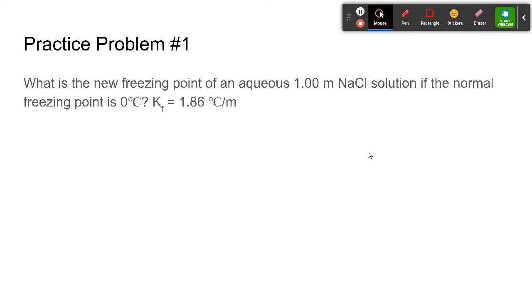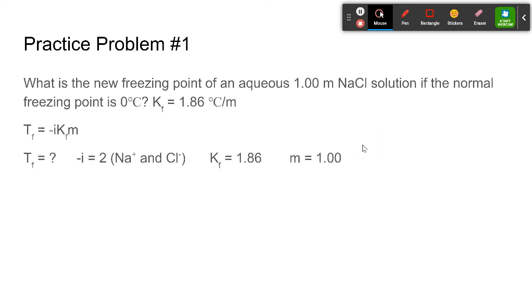Cool. So I'll remind you first of your equation. Your equation here is Tf equals negative i Kf m. We can write out what each variable is here. So our Tf is what we're solving for.